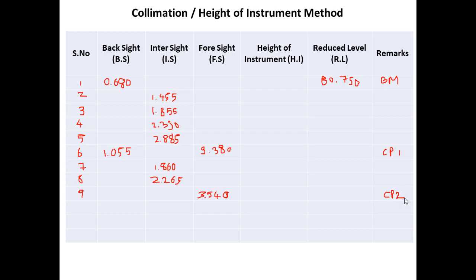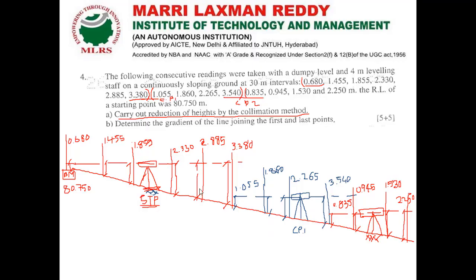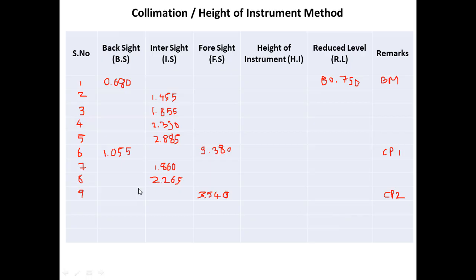So this is change point 2. Now the instrument has been shifted from here to somewhere here. So this is called CP2. With respect to change point 2, the first reading is 0.835, which can be written at backsight.